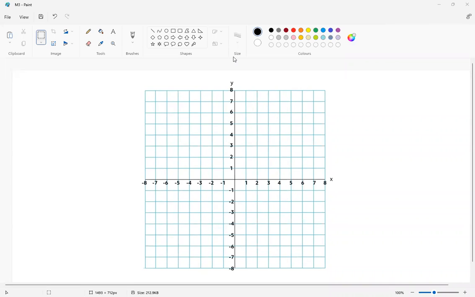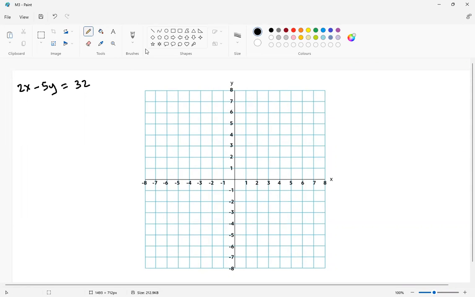Okay, let's see how to plot this. Our first equation is 2x minus 5y is equal to 32.